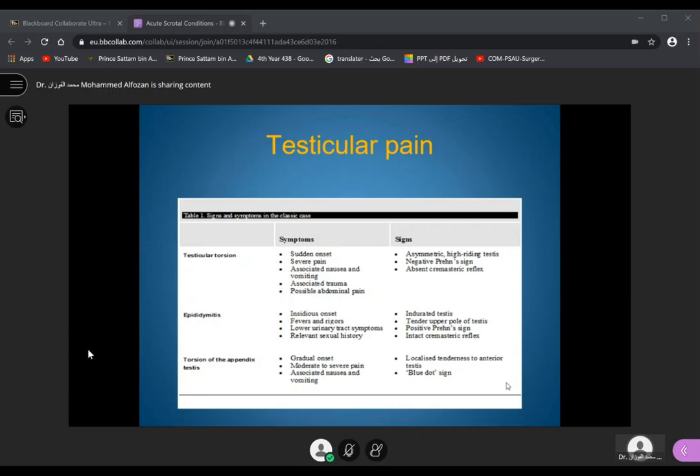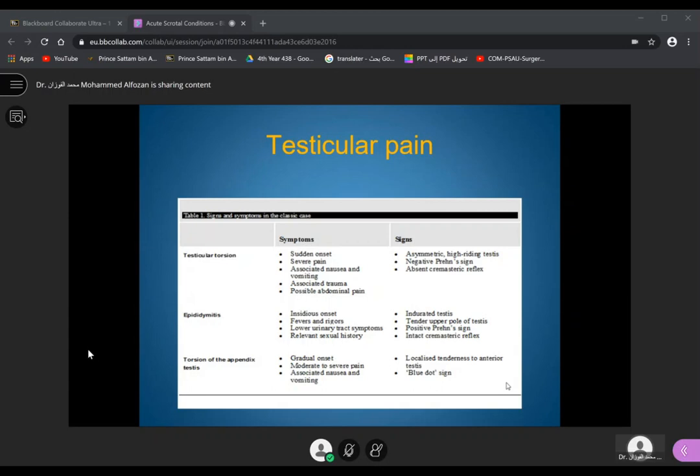If the patient had a testicular tumor and you missed it in the examination, or you gave them a routine follow-up with ultrasound after a few weeks or few months, this can change the patient's life. Testicular tumor can double in size in a few weeks and can change the stage of the tumor. He might present with stage 1, and you give him follow-up after 3 weeks, he will present with tumor metastasis.